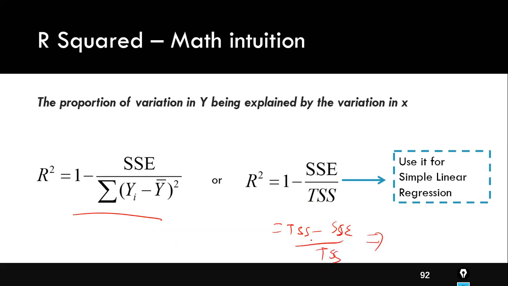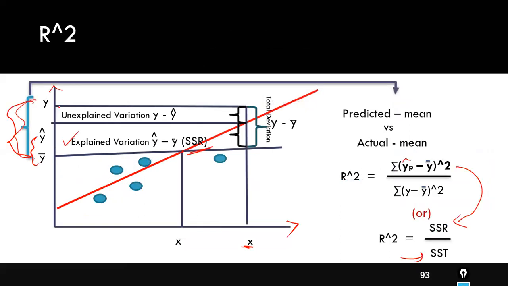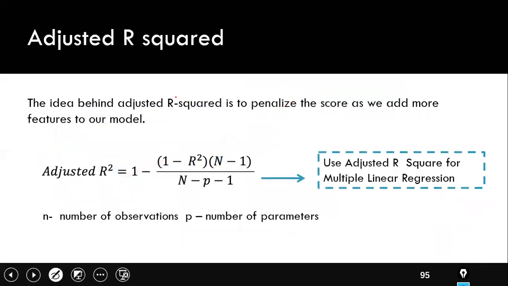So you will get SSR divided by TSS. The total deviation minus this one, divided by total, is nothing but SSR divided by TSS. That is your R square.